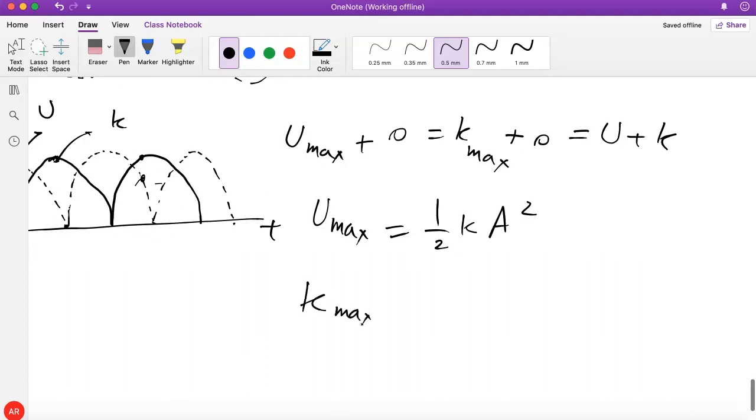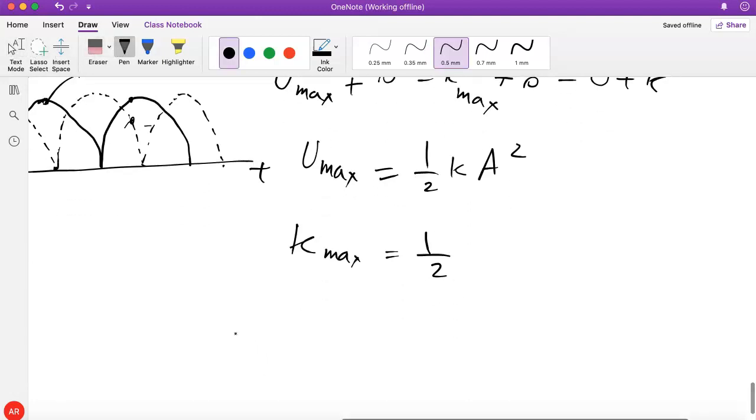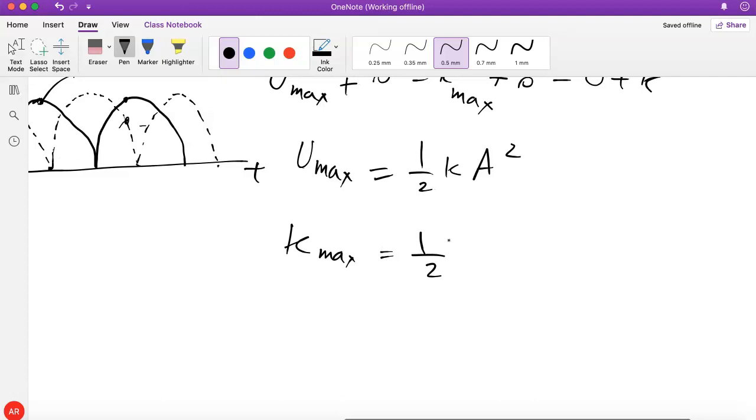K maximum is 1/2 times mass times v maximum squared.